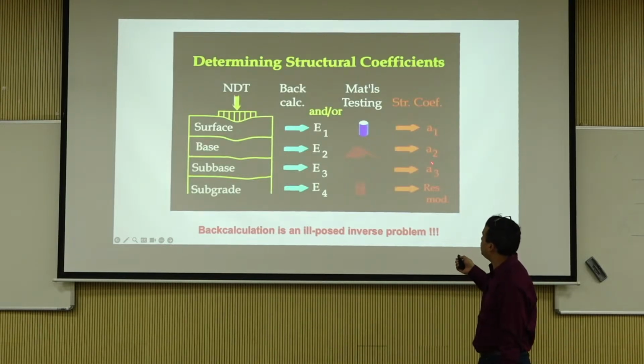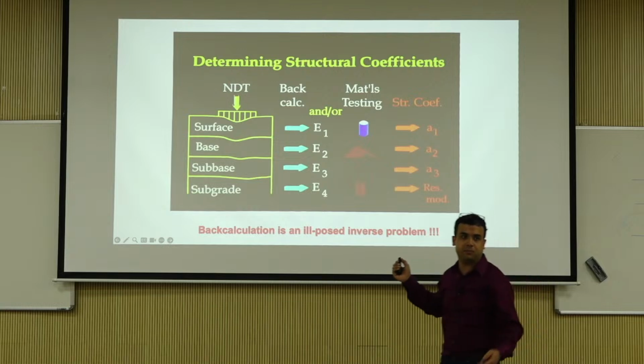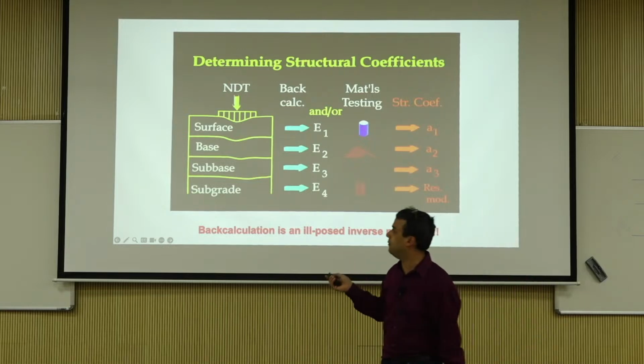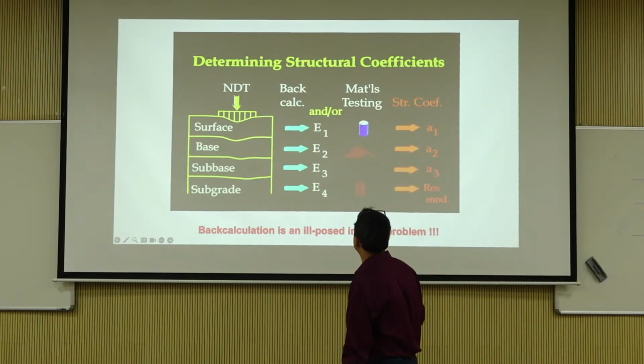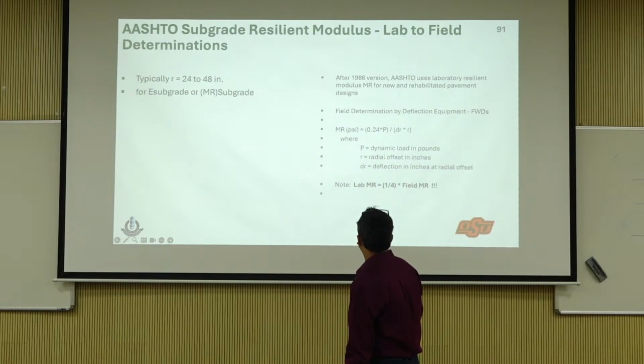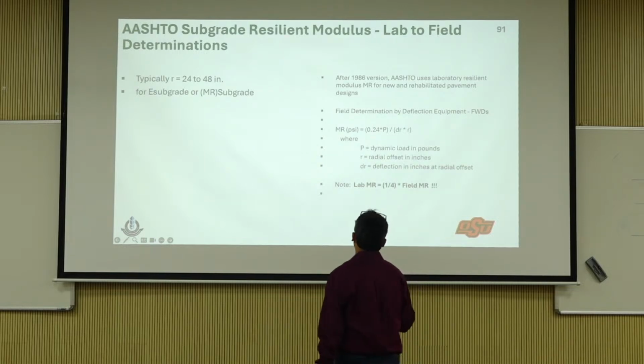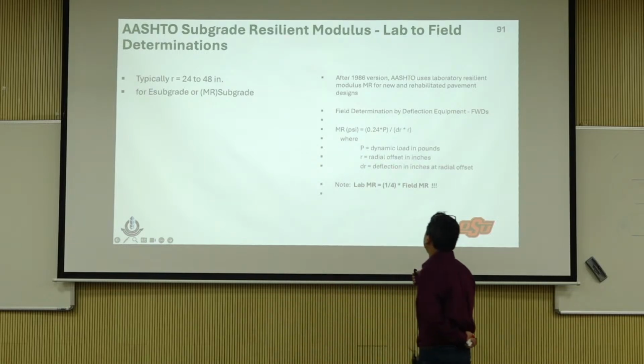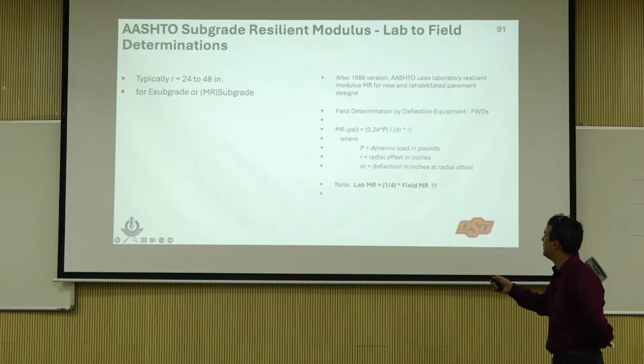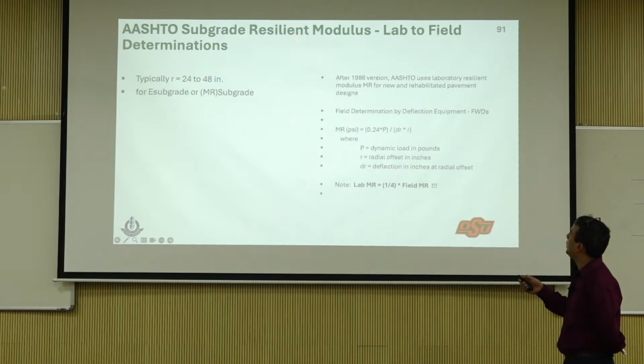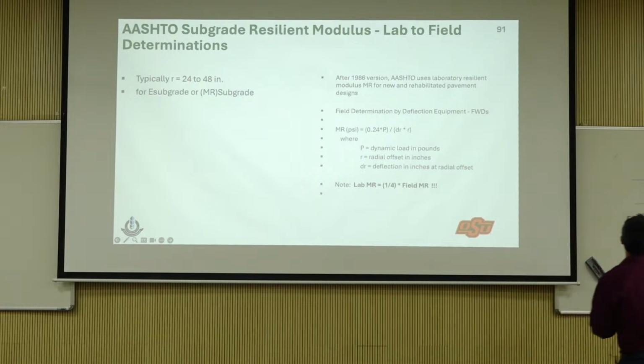Structural coefficients A1, A2, A3, probably you remember from AASHTO 1993, that's the values, so you can actually link them. AASHTO actually tells you how to determine the MR. It says at what distance you are going to get only the subgrade. See this, 24 to 48 inches, that's basically what I wiped over there.